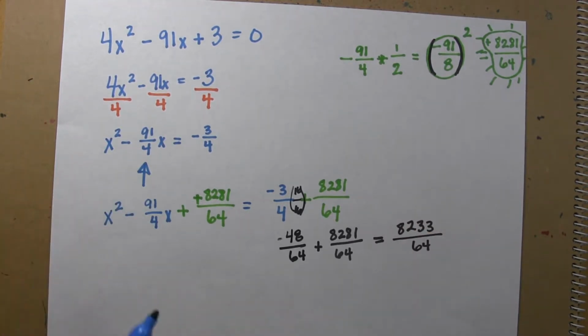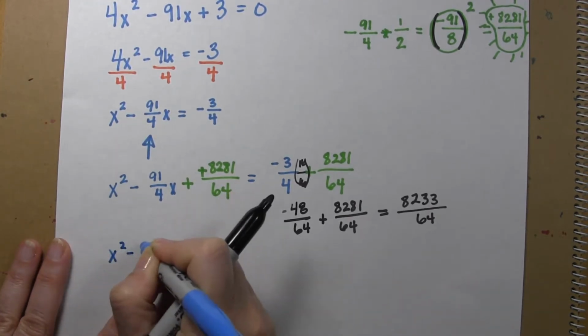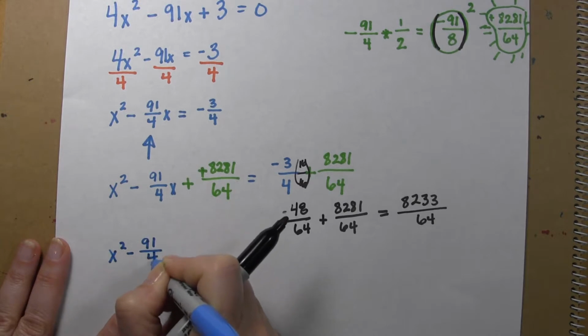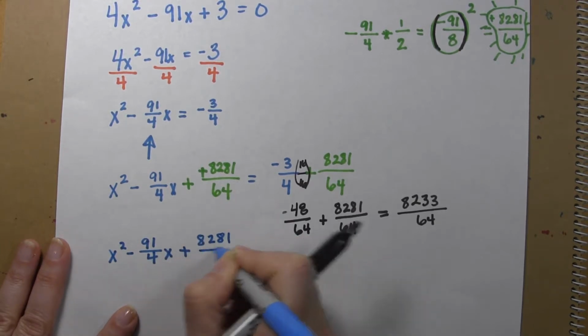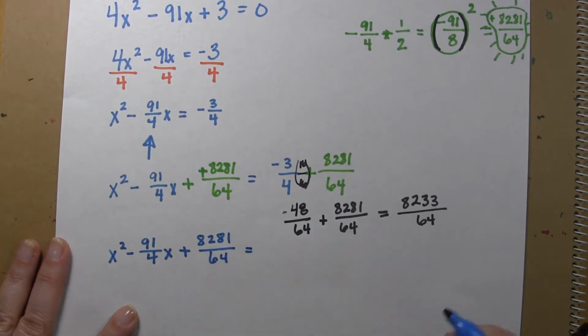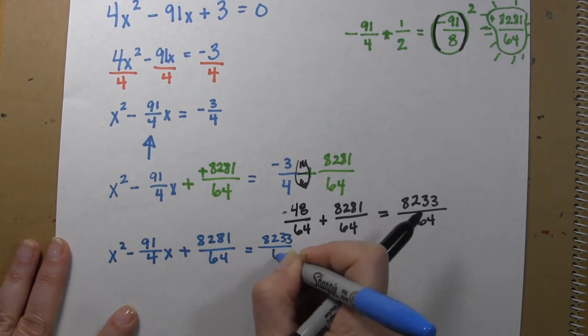All right, so my new equation is x squared minus 91 over 4x plus 8281 over 64 equals 8233 over 64.